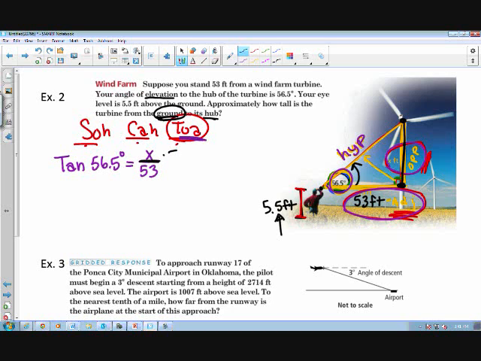So I'm going to times by 53, because that's the inverse. Notice I'm timesing on the top so that it will cancel out. Okay, that gives me 53 tangent 56.5 equals X. So everything right here on the left-hand side is something we can calculate with our calculator.